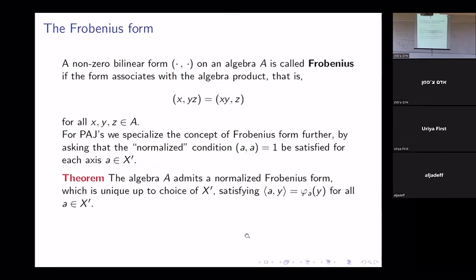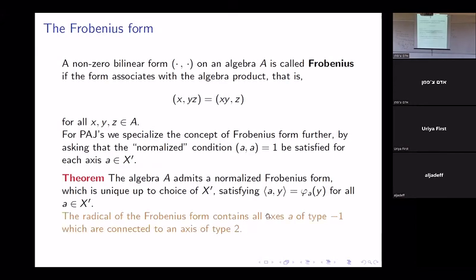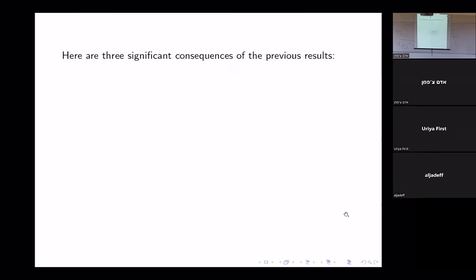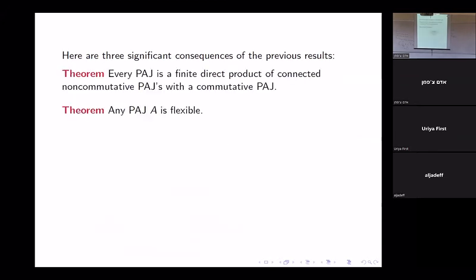And let's see. Since we keep on getting stuck with this -1, 2 situation, we should notice that the -1 axes are never anisotropic. If they have a 2 axis in the same connected component, they're always isotropic. Okay.